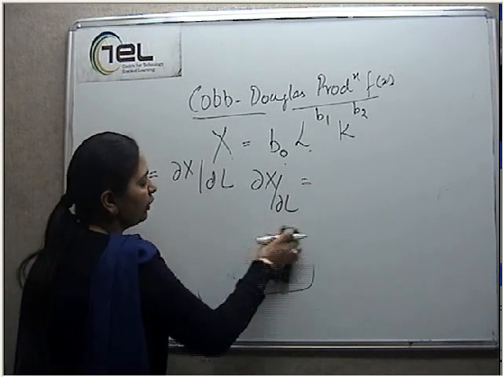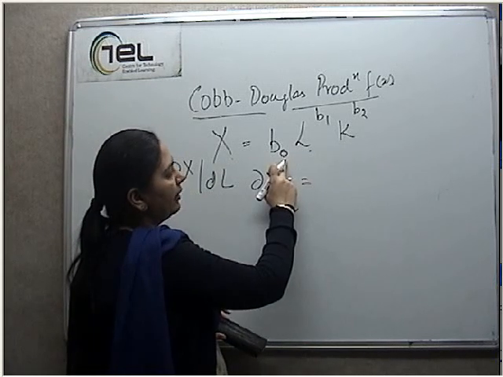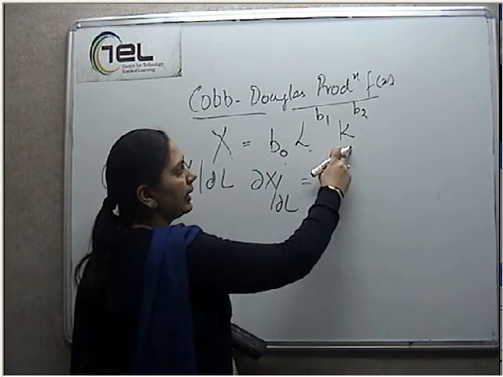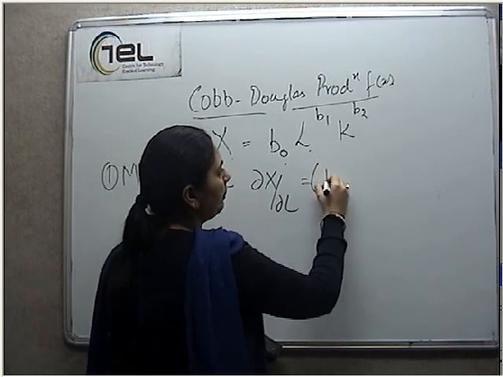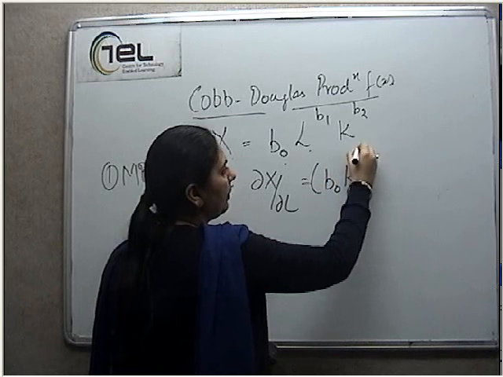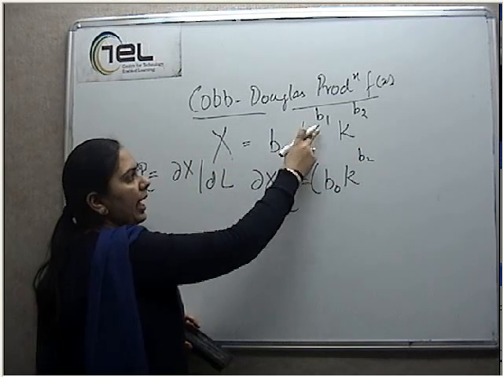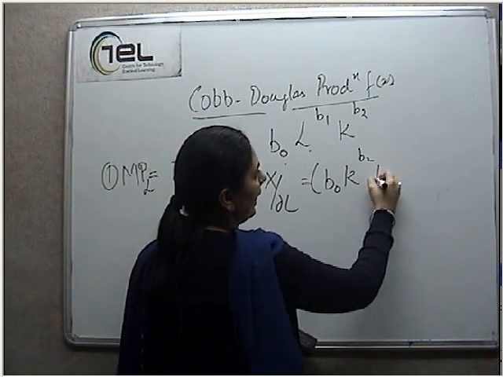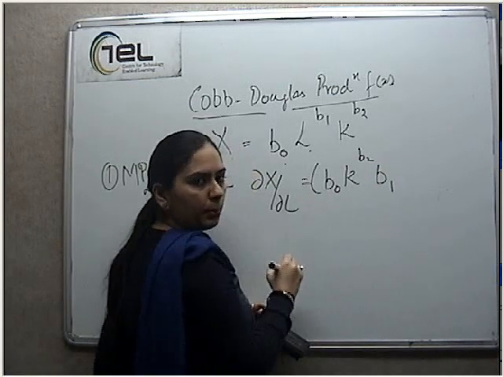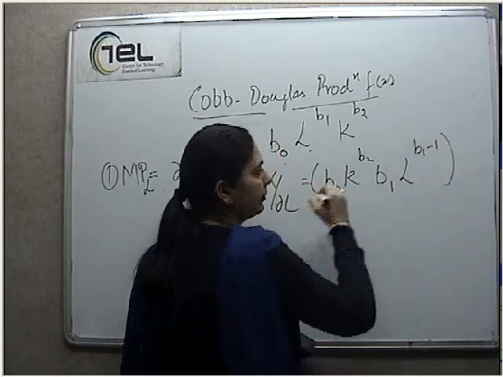When I differentiate x with respect to L, my other factors like B naught, K, B2 become constant, so I keep B naught, K to the power B2 as constants. I differentiate L to the power B1 the same as x to the power n, which results in B1 L to the power B1 minus 1.